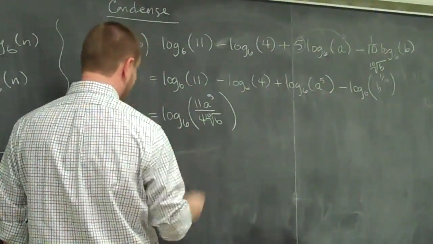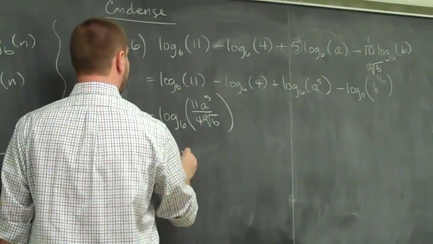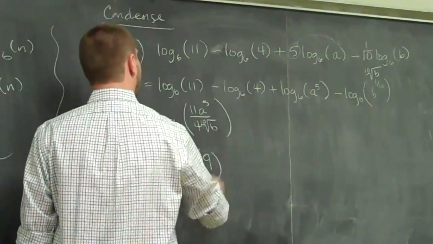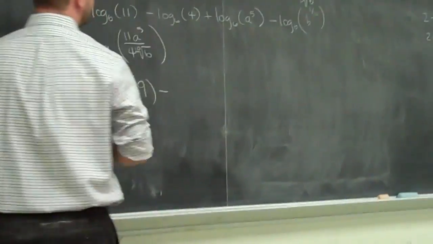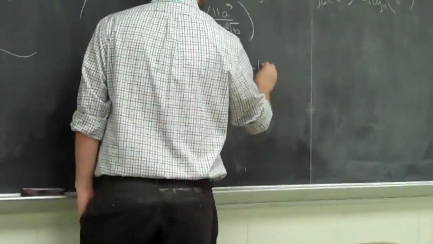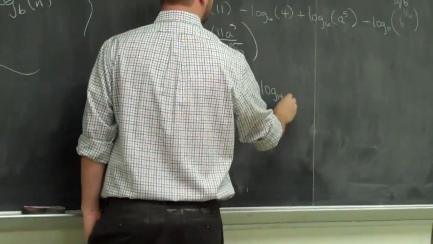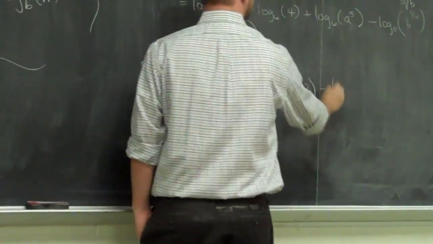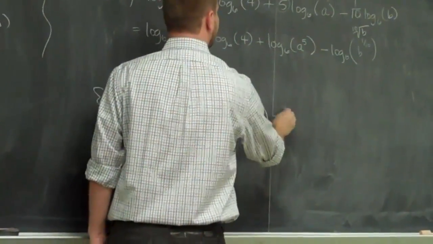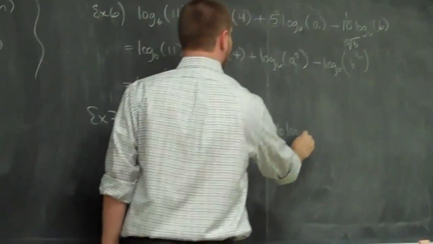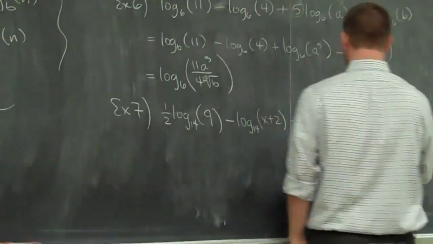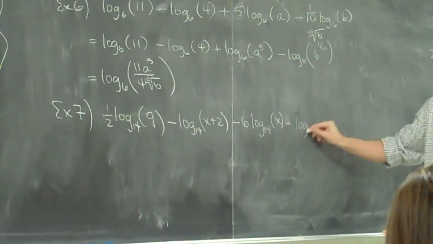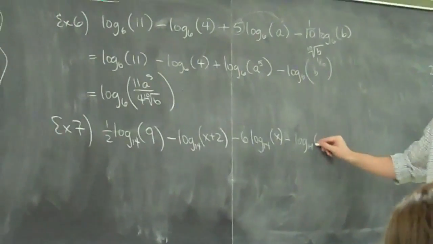Alright, so let us do 1/2 log base 14 of 9 minus 2 log base 14 of x plus 2 minus 6 log base 14 of x plus, no, minus the log base 14 of y.